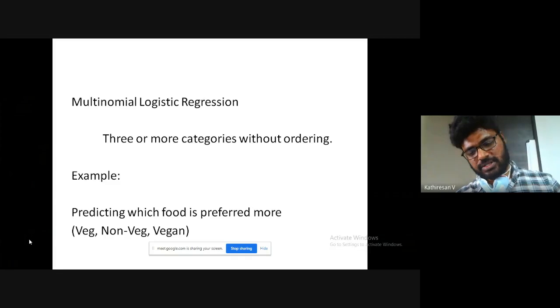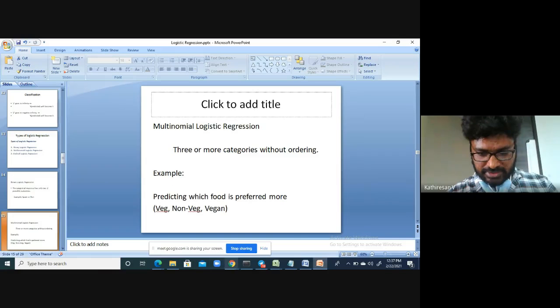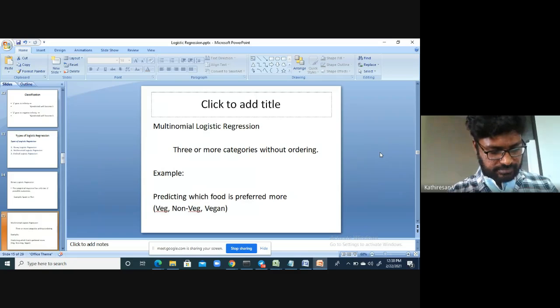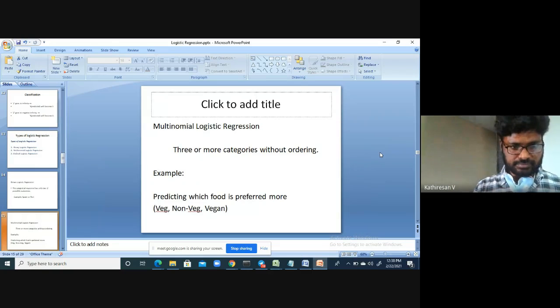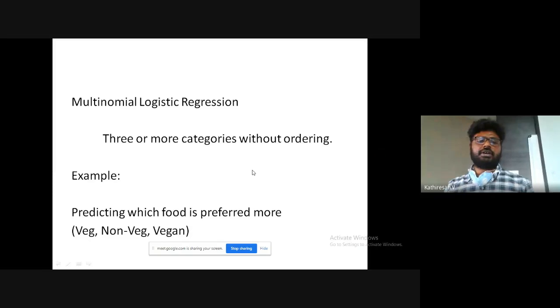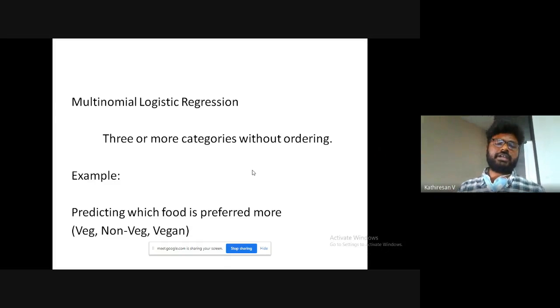Multinomial logistic regression is for three or more categories without ordering. Example, predicting which food is preferred more: veg, non-veg, or vegan.